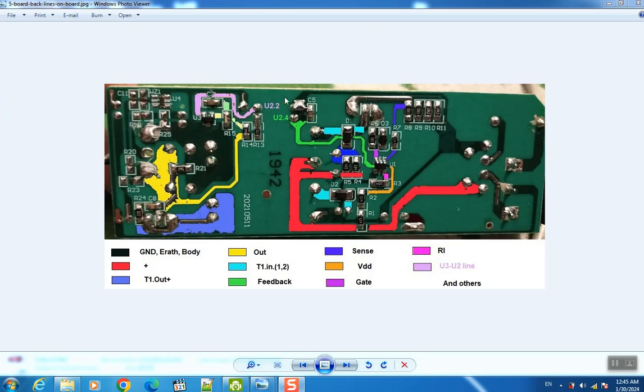U2 pins, which one pin is here, and another pin is here. These two pins. And U3, these pins and these pins, pin number 1 and pin number 12, U3, we can measure the voltage by multimeter and register it.